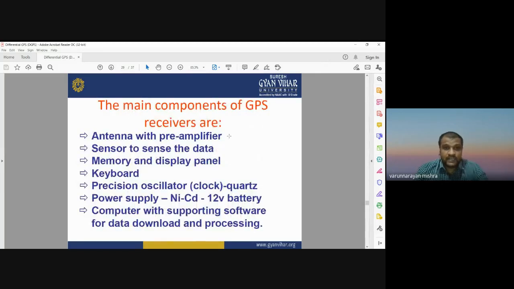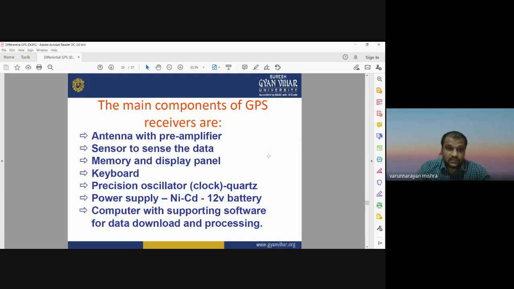So these are the main components of a GPS receiver. There should be an antenna, some sensor, memory and display panel, and a keyboard is required. There may be high precision clocks, known as precision oscillator quartz. A power supply is required, at least a 12-volt battery, and a computer with supporting software for data downloading and processing.